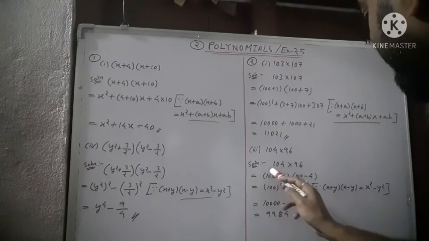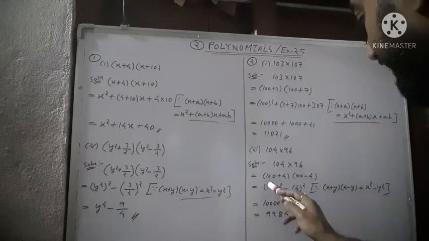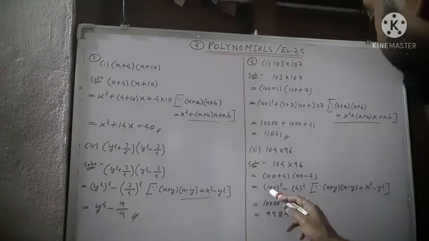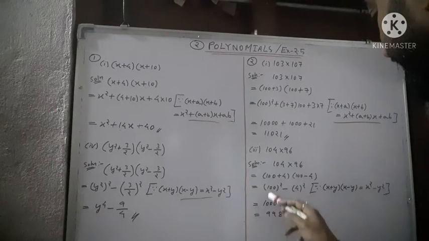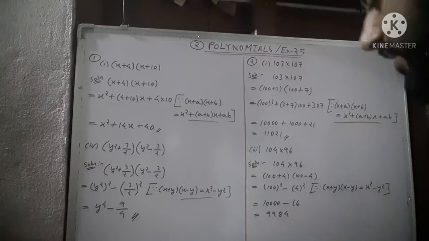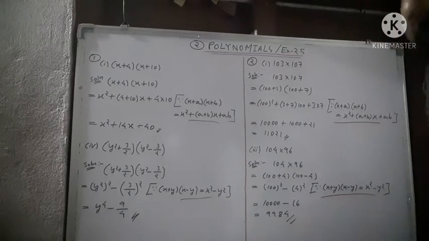The value of x in this case is 100 and the value of y is 4. Therefore 100² − 4², that is x² − y². This gives us 10,000 − 16, that is 9,984. So this is the answer, and this is the identity we have used in this case.